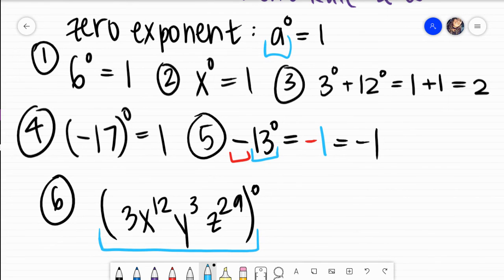And I know it's all of those terms being raised to 0 because they're all inside of parentheses. And anything raised to 0 is what? It is just 1. That would be a great problem on the exam, no matter how crazy it looks, if you remember that that's all being raised to 0, and anything raised to 0 equals 1.